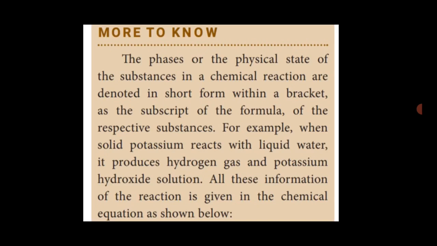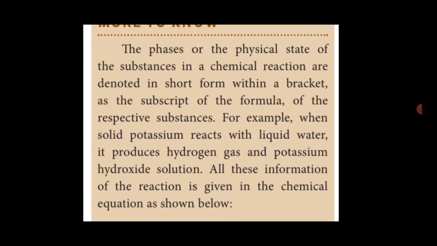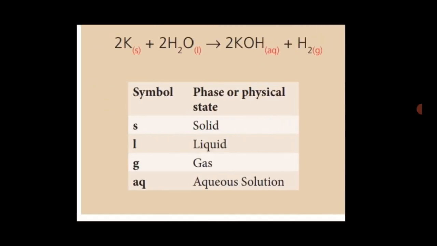All this information of the reaction is given by the chemical equation. What is the chemical equation? Potassium, which state? Solid state. The subscript in a bracket shows solid, and water molecules are present in liquid state. The L is for liquid. It gives potassium hydroxide, formula KOH. This is for aqueous solution.